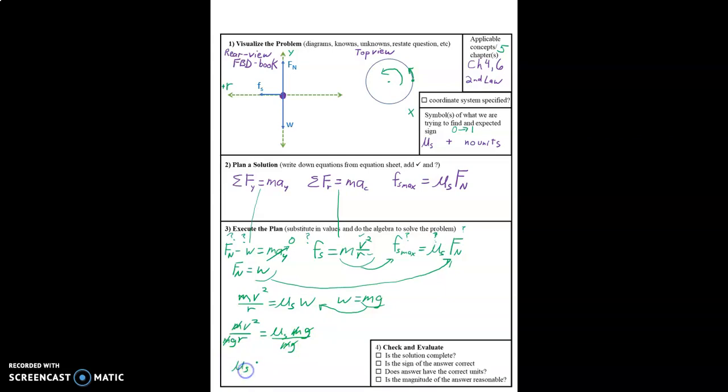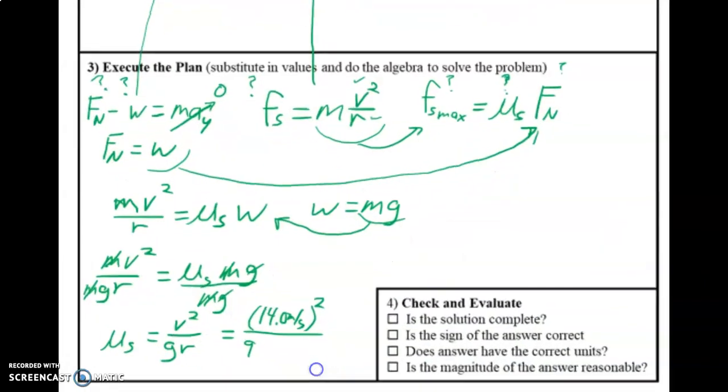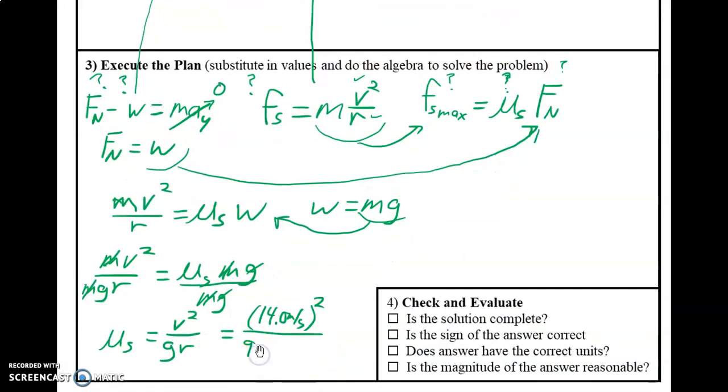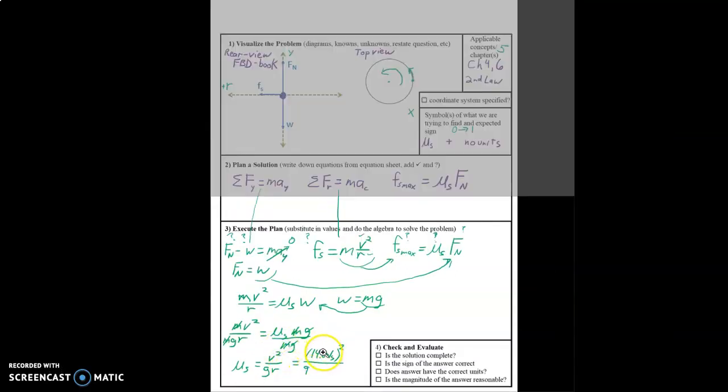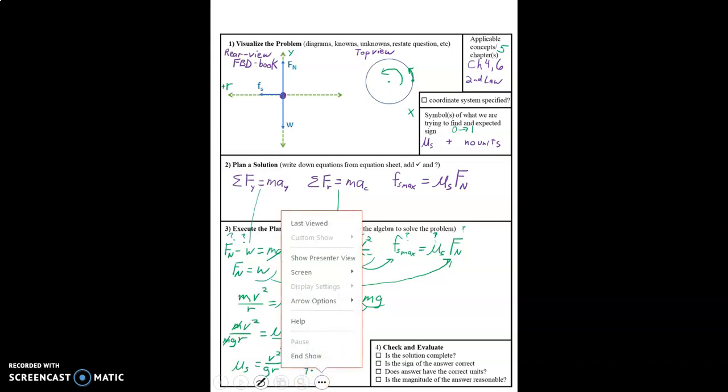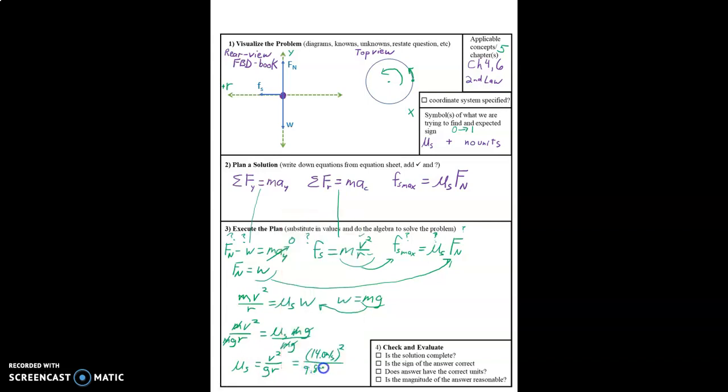So mu S equals v squared over gr, which is equal to 14 meters per second squared divided by 9.8 meters per second squared times the radius, which was given on the last page in the problem, times 50.